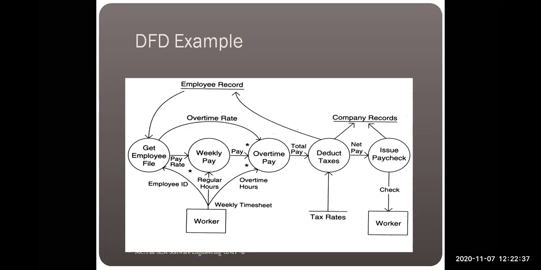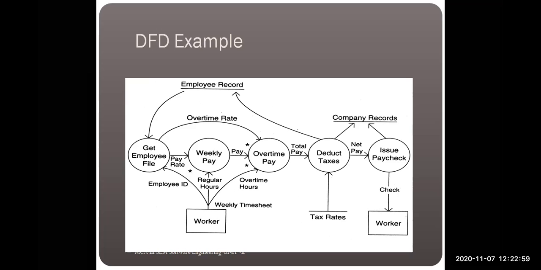In this system, first the employee record is retrieved using the employee ID, which is contained in the timesheet. As you can see here, weekly timesheet is represented over here. So from weekly timesheet, based on the employee ID, the employee details will be gathered.